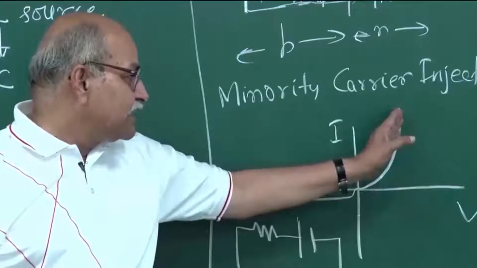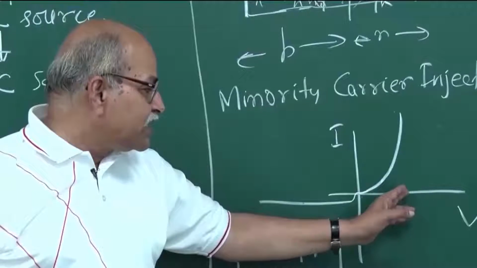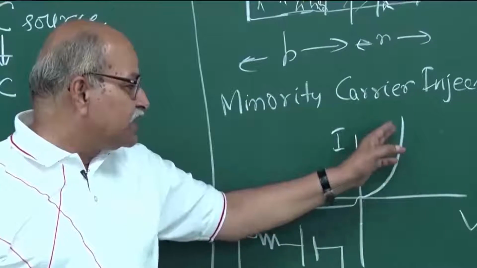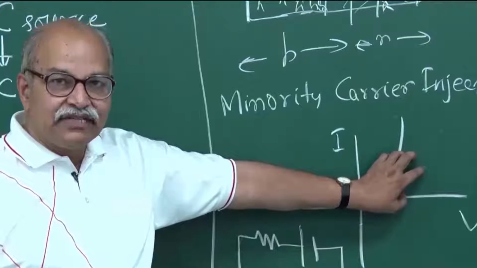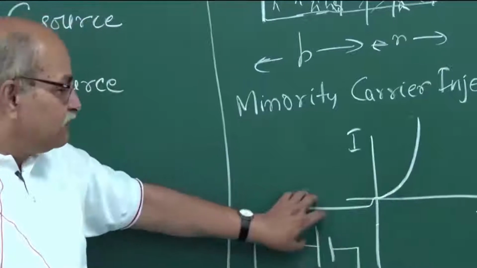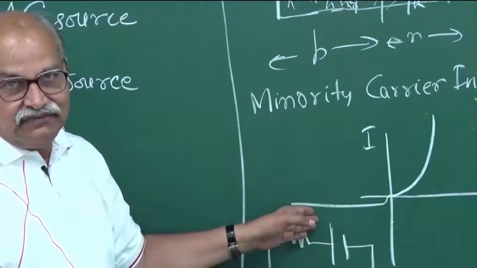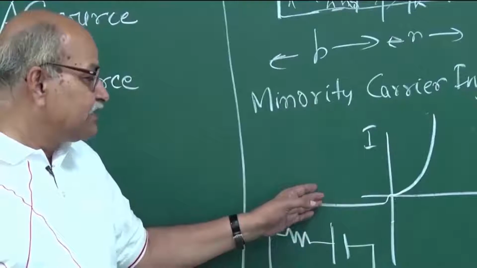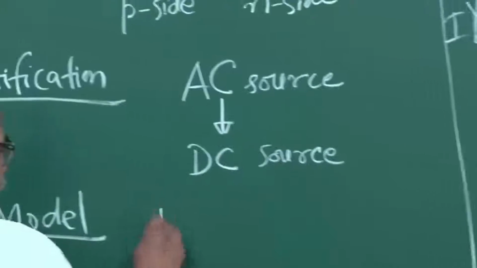So a slight change in voltage gives large change in I. You can say that the resistance here is very small. Whereas in reverse, you apply so much voltage and you don't get significant current, so the resistance is very high.